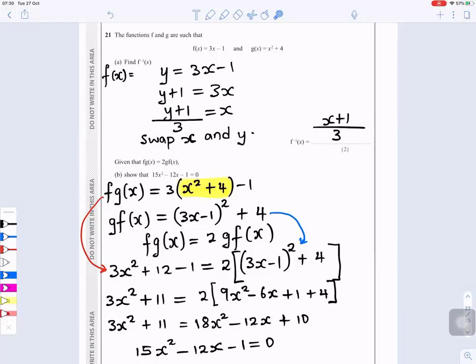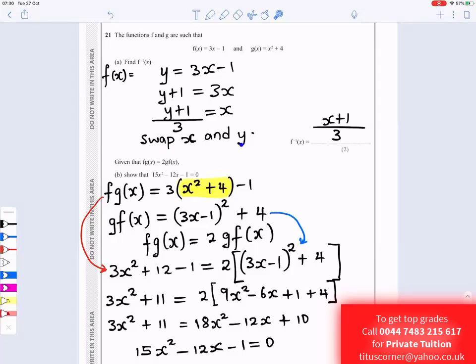So y plus 1 divided by 3 equals x. And then we swap the x and the y. So the x takes the position of the y, and the y takes the position of the x. So you can write it as y equals x plus 1 divided by 3. And that y is called f inverse of x. So that's your f inverse of x.